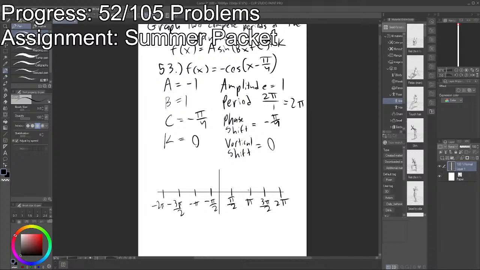Alright. So the amplitude's normal, so I'm just gonna write 1 and negative 1. Drag this down a little bit. Okay. This is a cos. So I think cos starts at the top. Yeah, it starts at 1.